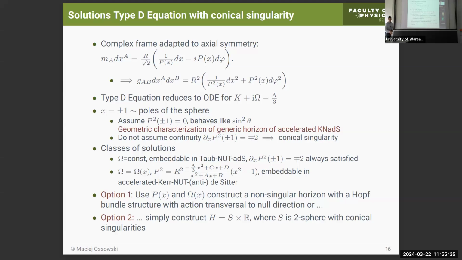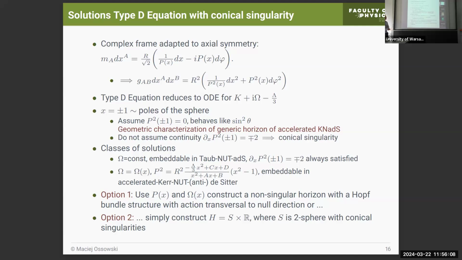And it turns out that there are two classes of solutions. The first of them are with omega equal to constant. And if omega is constant, then this continuity condition is always satisfied. Those are the same horizons that were derived previously and shown to be embeddable in Kerr-NAT ADS. The second class is a little bit more interesting.